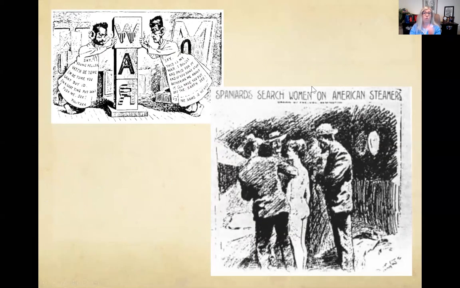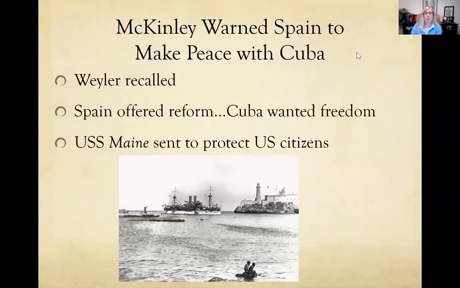That, of course, would not go over very well. And then you've got all of these cartoons depicting situations related to the war. So McKinley is going to issue a statement, and he's going to warn Spain that they have got to make peace with Cuba, okay? Because again, this is interfering with American economic efforts to grow sugarcane there.